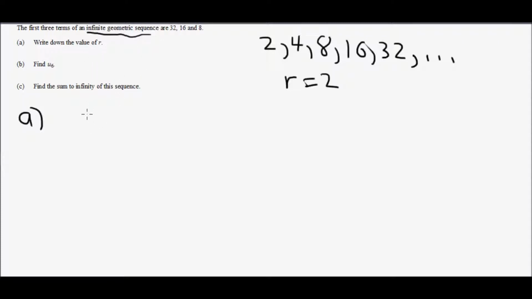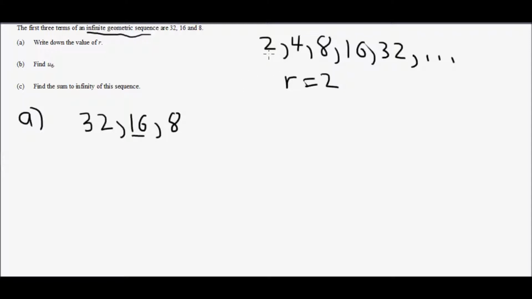So we know that our sequence that is given to us is 32, 16, 8. So in order to find this, what we do is we put the second term over the previous term.